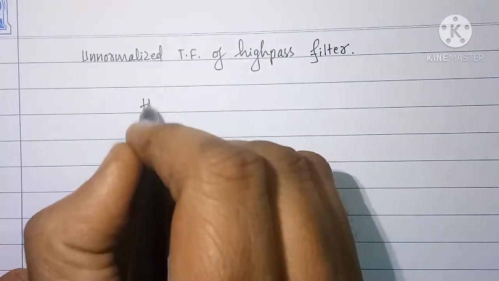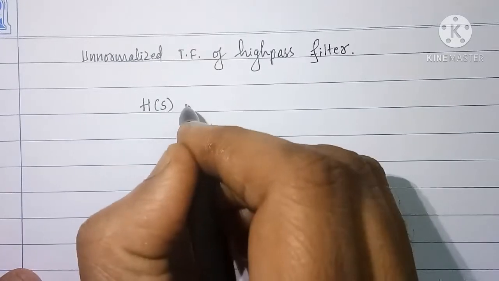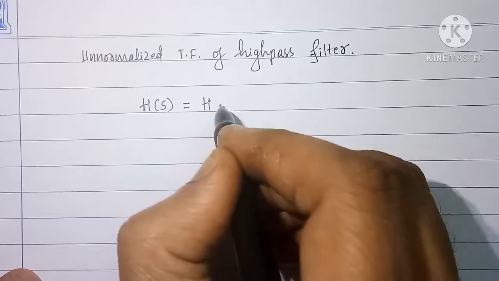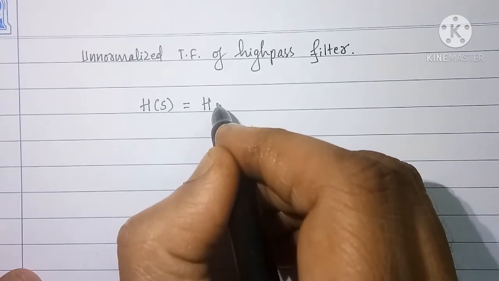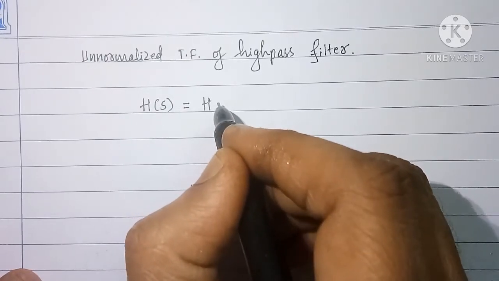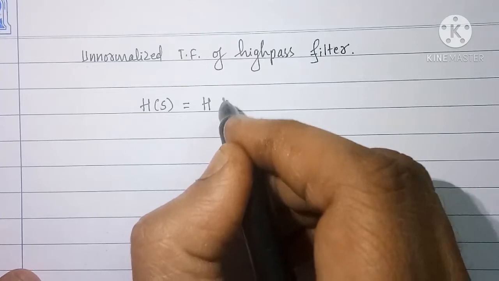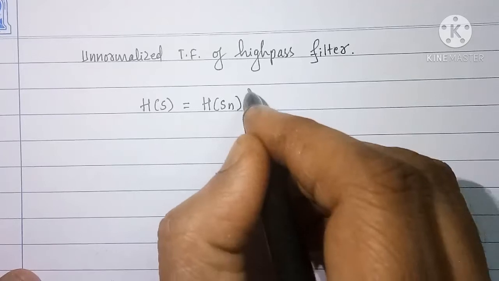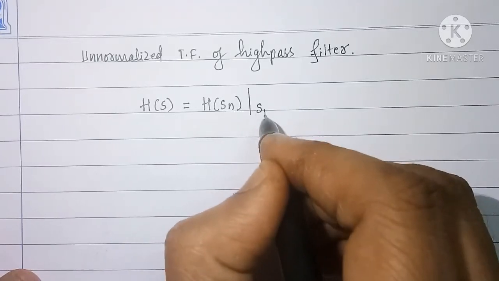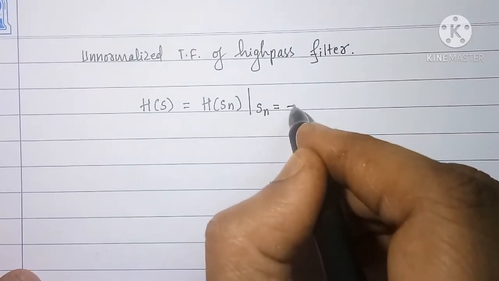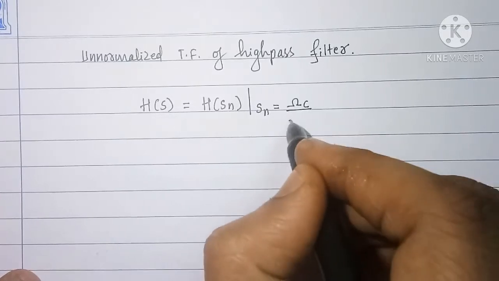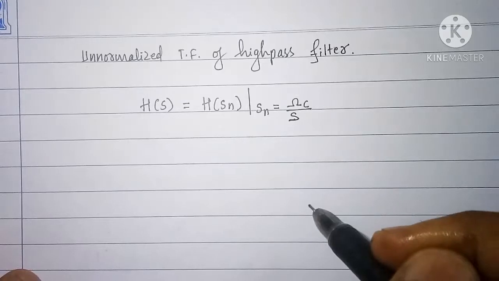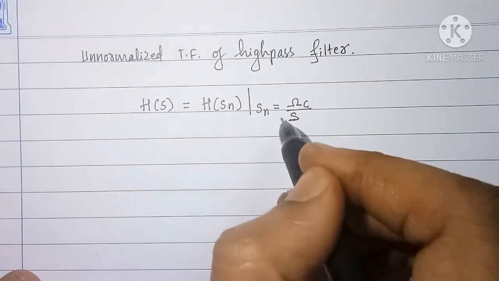To obtain unnormalized transfer function H(s) of high pass filter from normalized transfer function of low pass filter, we have to substitute for Sn equal to omega c by s in H(Sn).